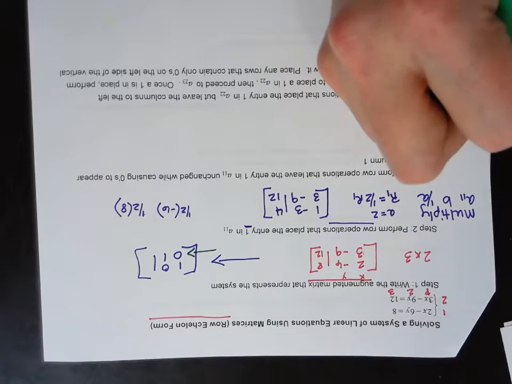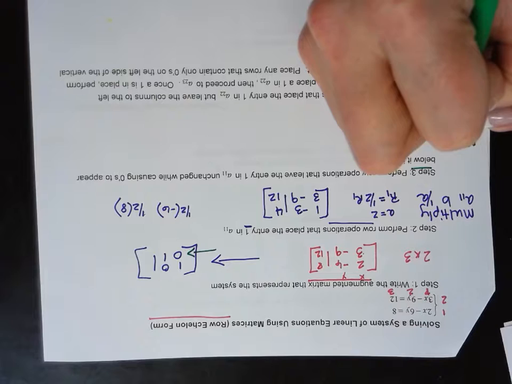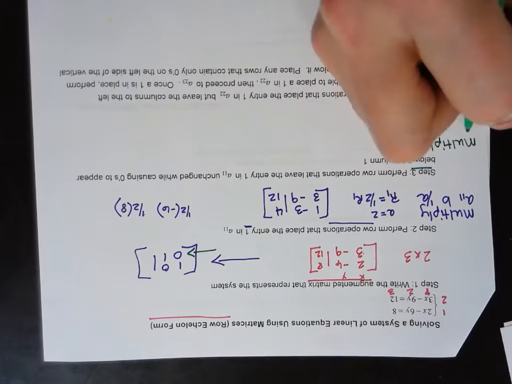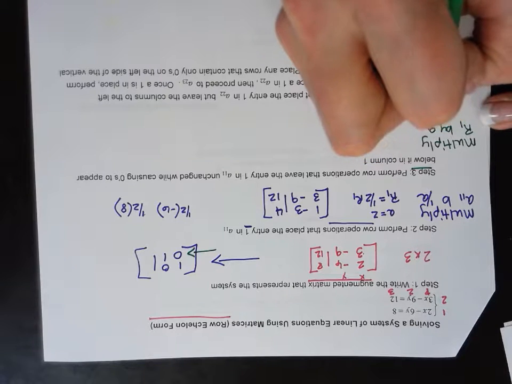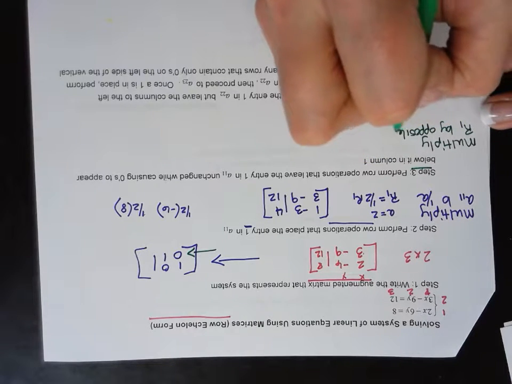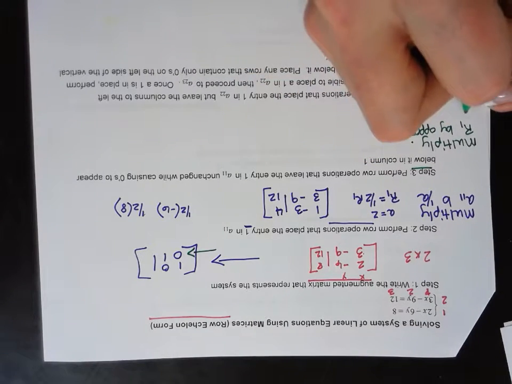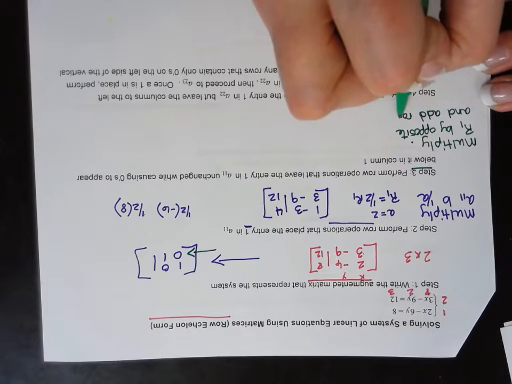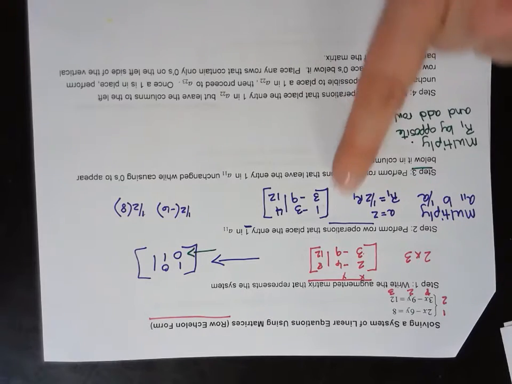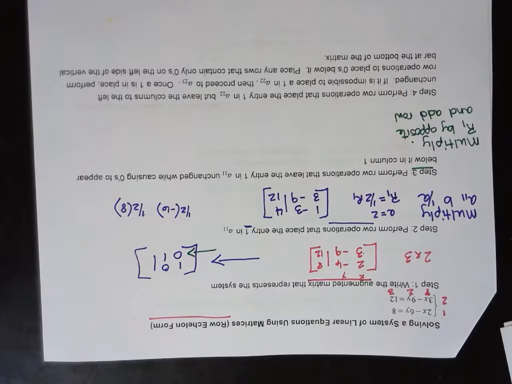And you're going to multiply row 1 by its opposite, and then you add it to the row. Because row 1 is a 1, you know you're always going to get that opposite number to make it go away.